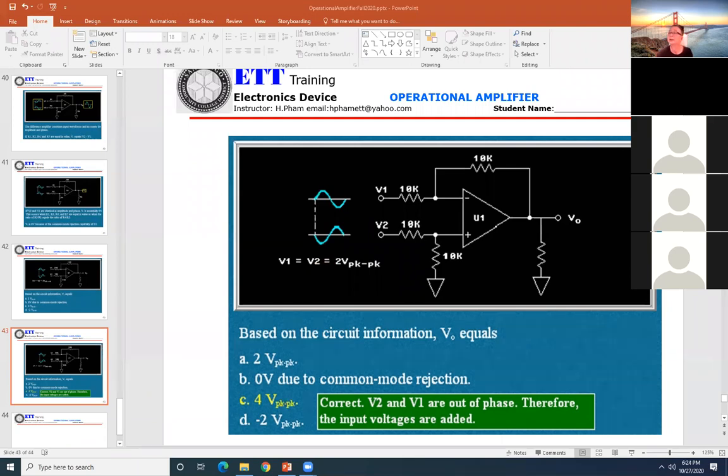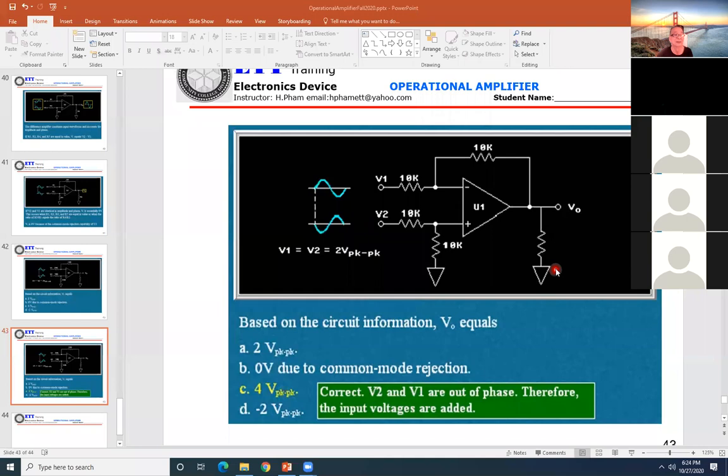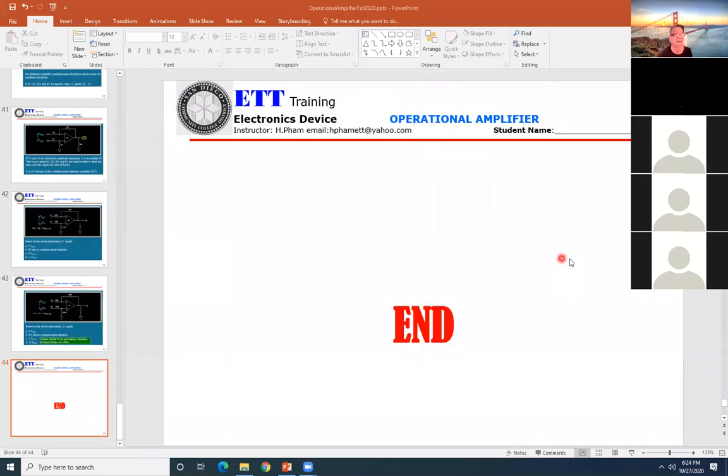Next. That looks like it covers most of the things for op amp. I believe you guys will be doing well on the op amp.